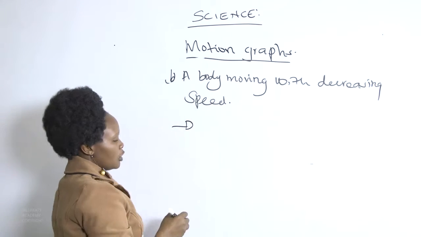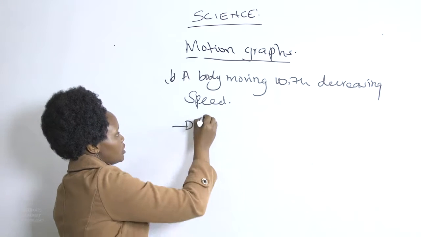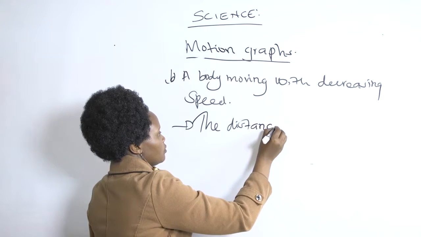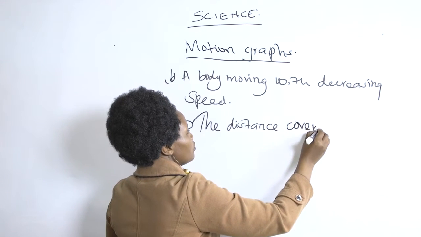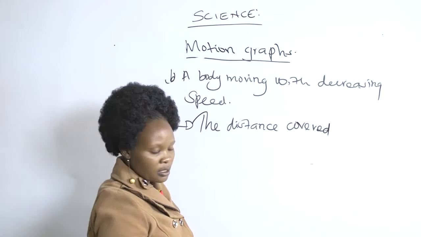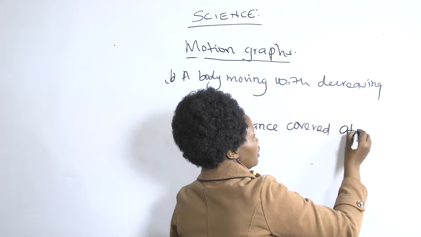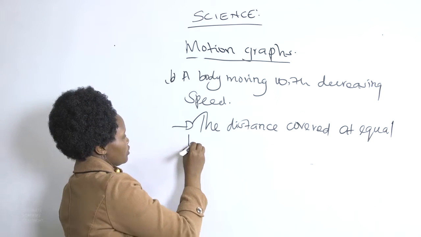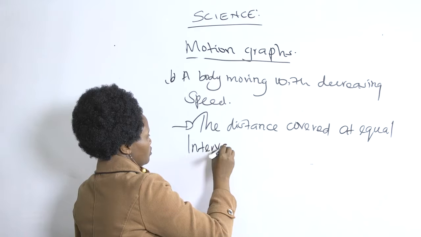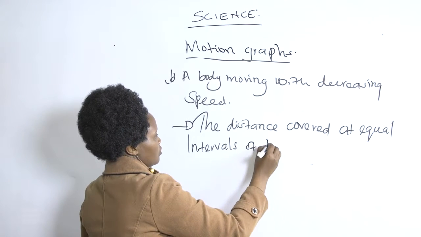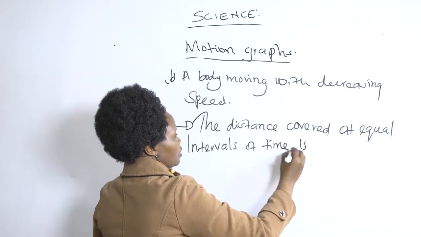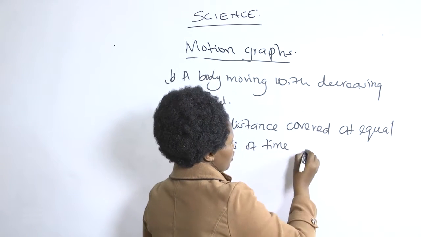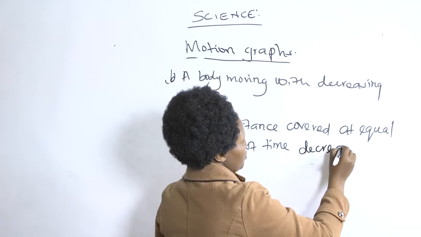This means that the distance covered at equal intervals of time is not equal or decreases with time.